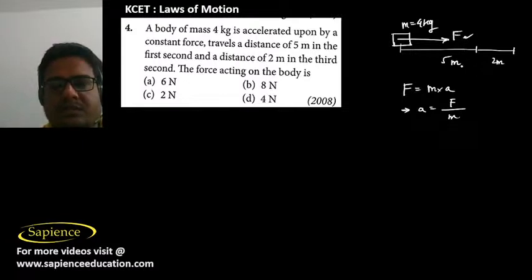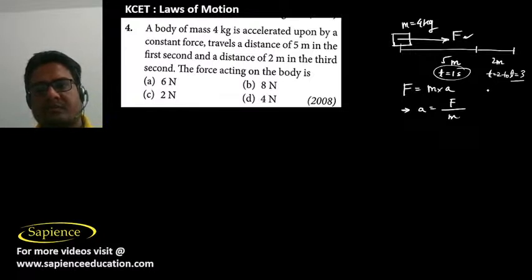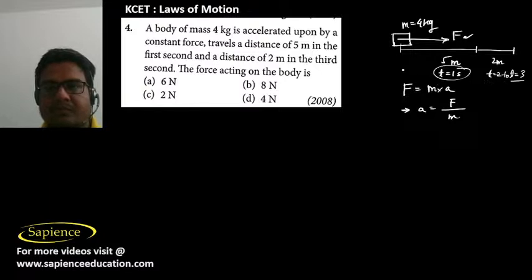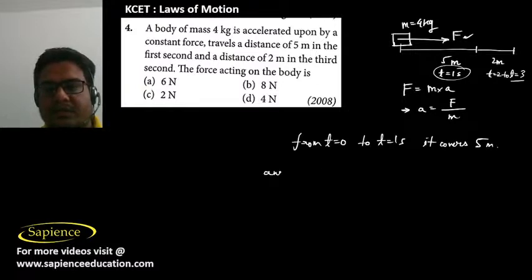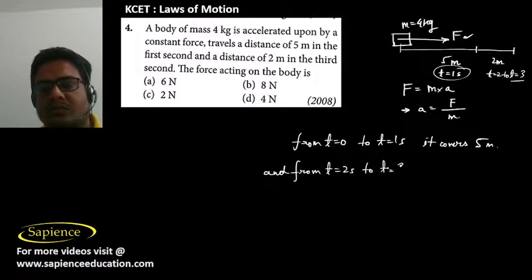It travels a distance of 5 meters in the first second, so from t equal to 0 to t equal to 1 second, and a distance of 2 meters in the third second, which means from t equal to 2 seconds to t equal to 3 seconds.